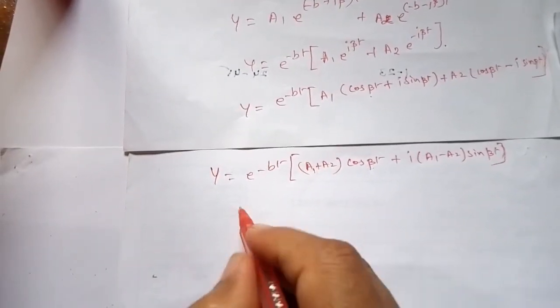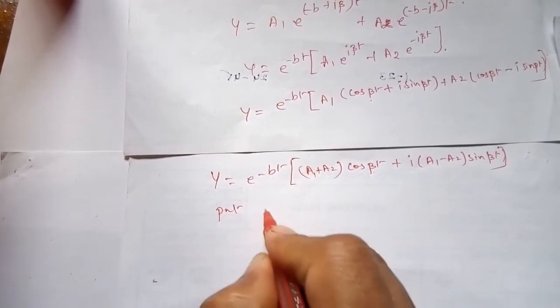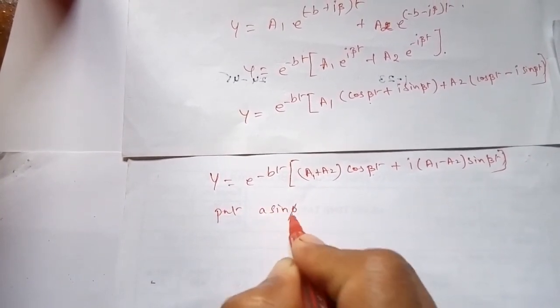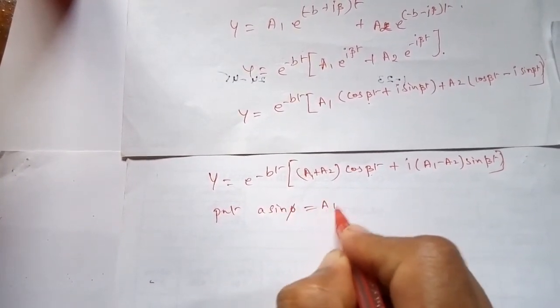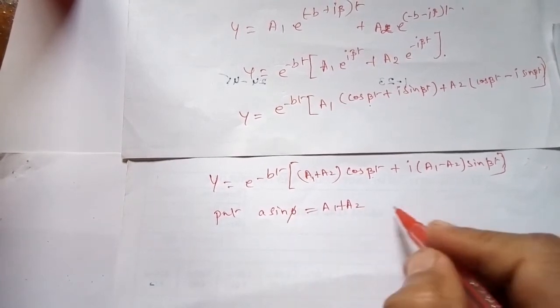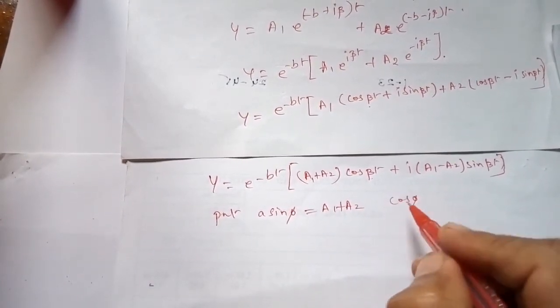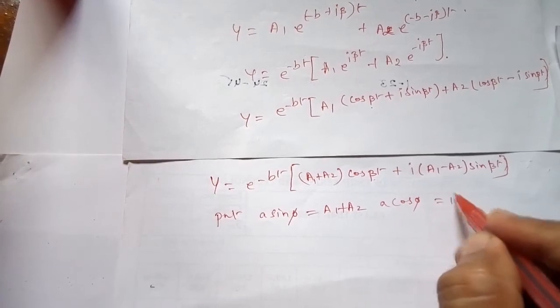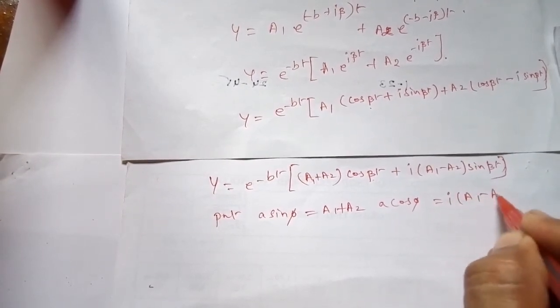Okay, so let us put a sin phi is equal to a1 plus a2 and a cos phi is equal to i times a1 minus a2.